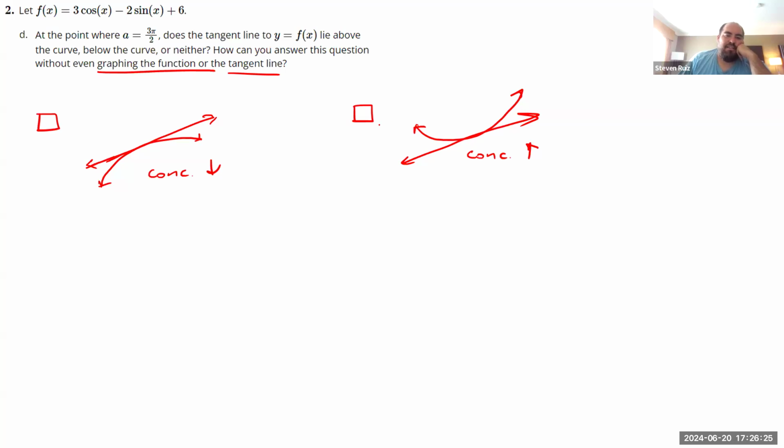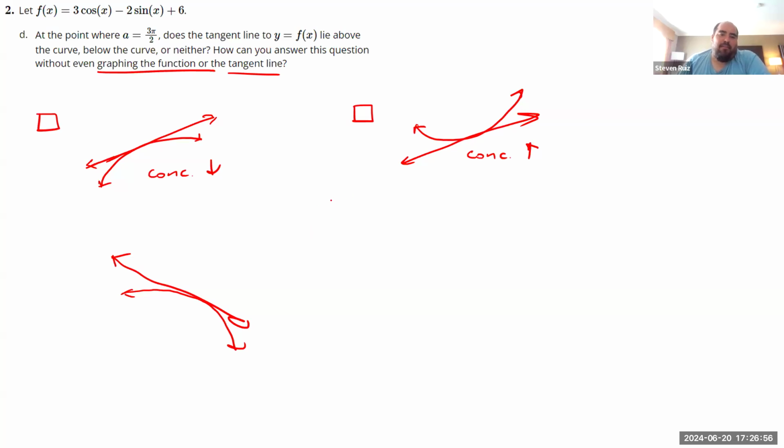I'm assuming a positive tangent line. Does it matter if my slope, or my tangent line, is negative? So I have a negative slope here. What if the curve is still below the tangent line? I still think that's concave down. Okay. So I don't think it matters what the slope of the tangent line is, but I'm glad that I looked at that contingency.